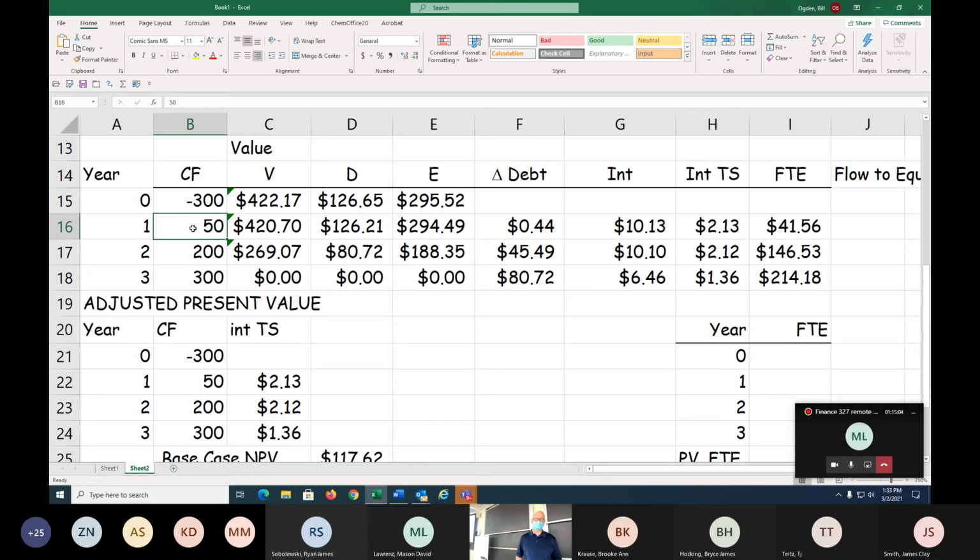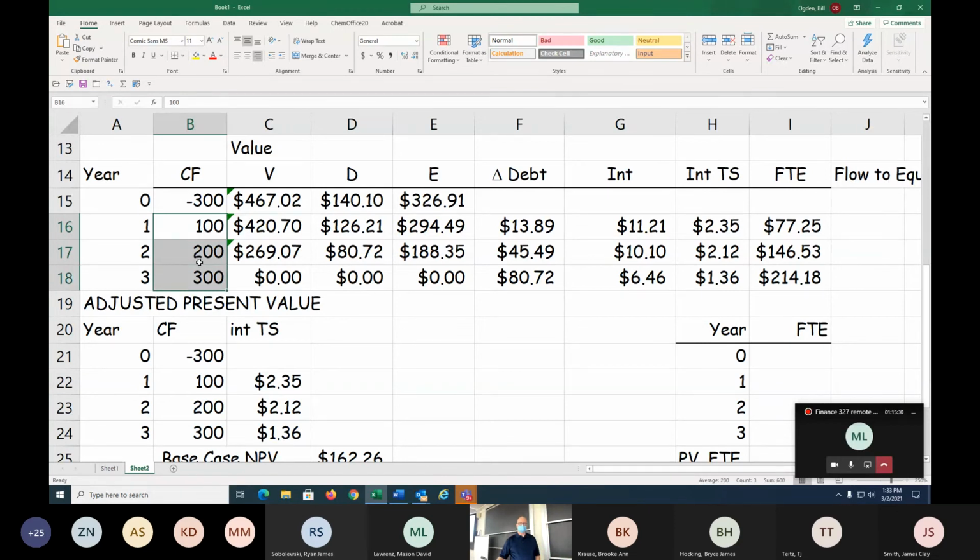Okay, so can you see that those interest tax shields are tracking the cash flows, aren't they? Okay, let's go back to where we were. Let's not keep a bad number in there because we got another method to do still. The interest tax shields are tracking the cash flows.